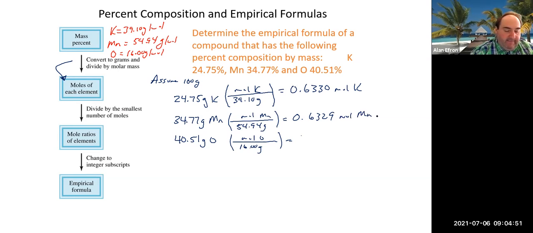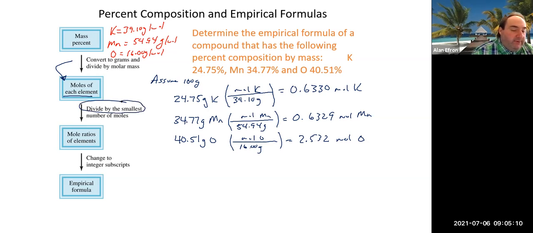And lastly, 40.51 divided by 16 gives 2.532 moles of oxygen.